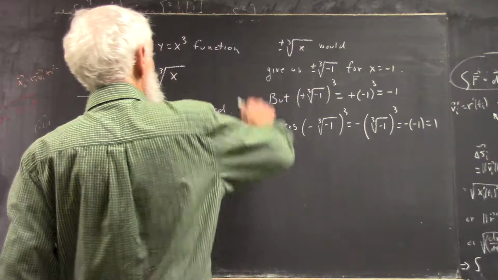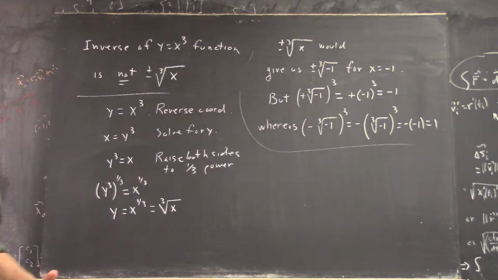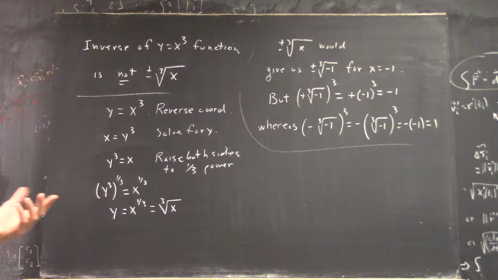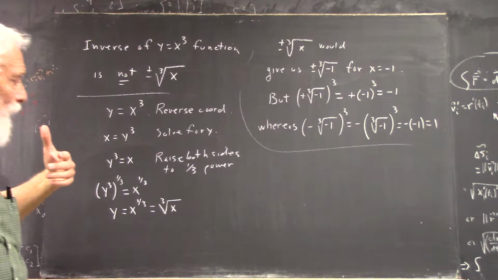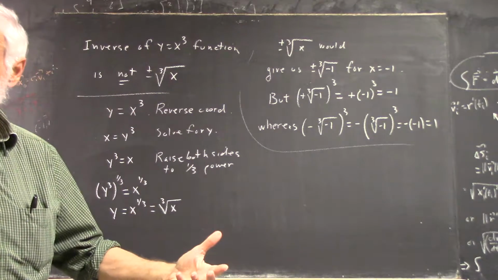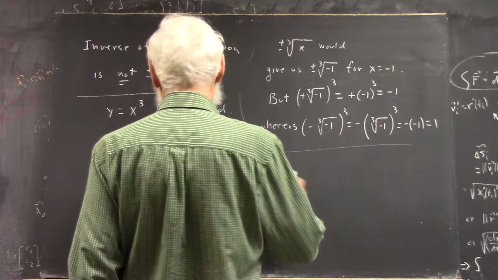Now, bottom line is, you don't do that with odd powers, okay? And again, the reason is because odd powers of positives give you positives, odd powers of negatives give you negatives. Whereas even powers don't do that.